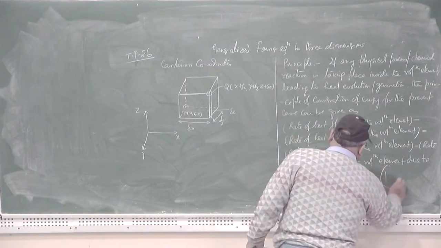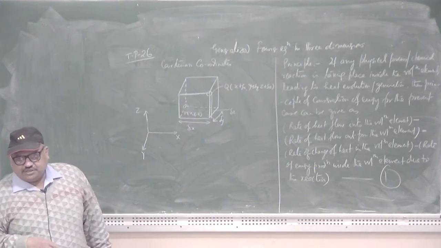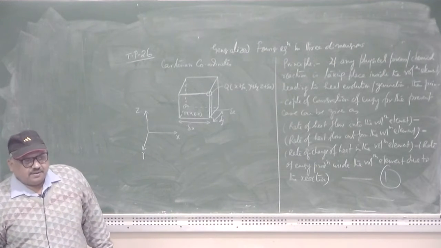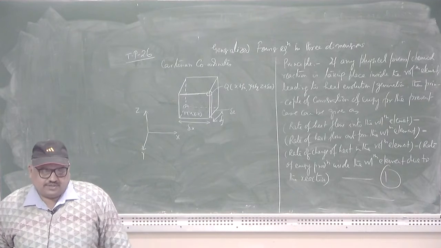Let us call this number 1. This is the basic principle which is involved in the derivation of the three-dimensional Cartesian coordinate system Fourier equation.